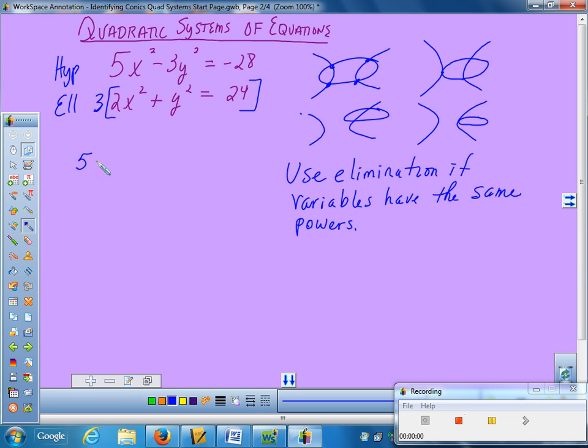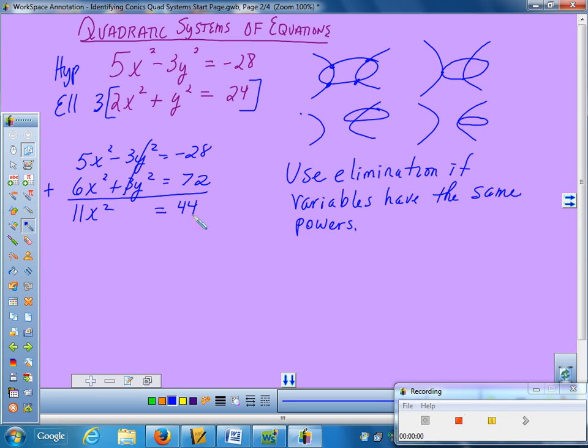So if I rewrite this, I'm rewriting the top one too. I take that all times 3. I've got 6x squared plus 3y squared equals 72. So the y's, when I add together, are going to add up to 0. What do I get with the x's? 11x squared equals 44.